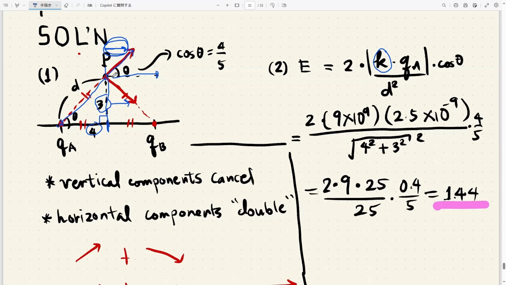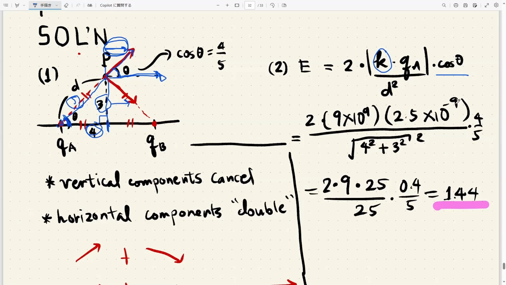However, we only need the horizontal component, right? We don't need the resultant because we said that the vertical components already cancel. And so we have to get the cosine of that angle, right? The cosine of this angle here. We know that this is 5 here. And so the cosine is just the adjacent side, which is 4, divided by the hypotenuse. So that's 4/5. And so we replace all the values. K is 9 times 10 to the 9th.